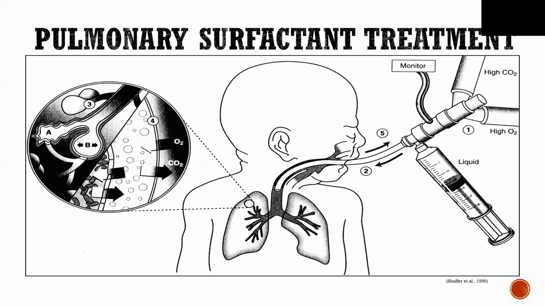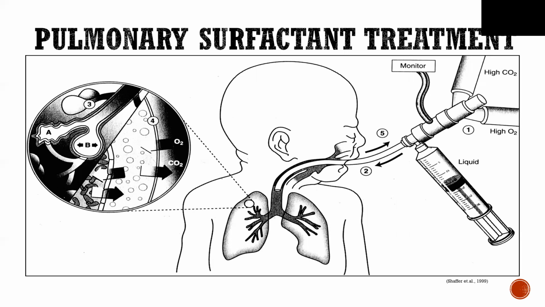So there are various treatments that can be used. It is important to know that synthetic pulmonary surfactant is available, and that is a good thing. This means that this product is readily available off the shelf to help save lives.